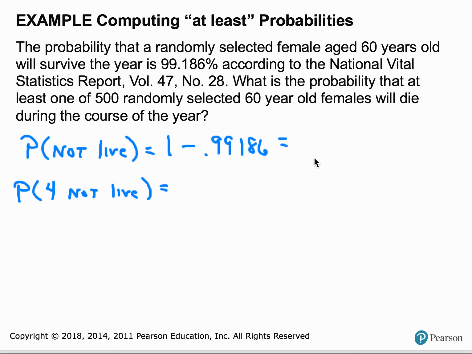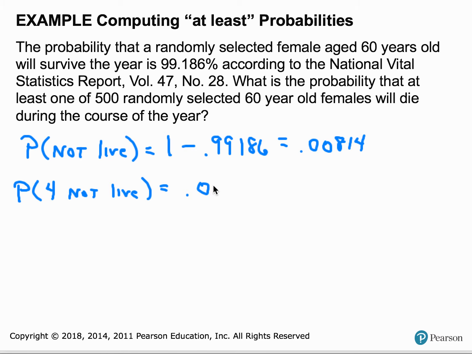Okay, 0.99186. Okay. Is 0.00814. Okay, so what's the probability that 4 of them do not live?